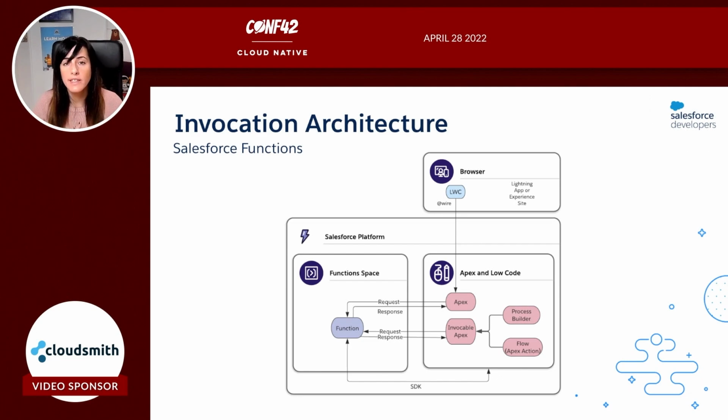At the moment, this is the only way in which you can invoke them, but we are planning to have other entry points in the future. Then on the platform, you can create a Lightning Web Component or a piece of UI with a low-code tool that invokes that Apex code. This is what this screenshot represents.